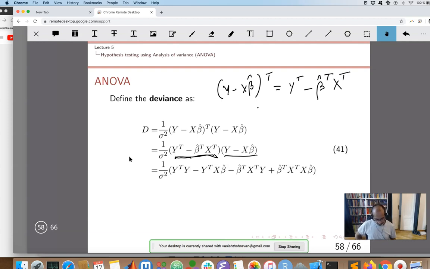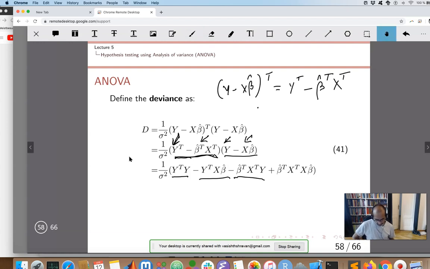So I've got y transpose multiplied with the first term y, which gives me y transpose y. Then I do y transpose multiplied with the second term, minus x beta hat, which gives me minus y transpose x beta hat. Similarly, I take the second term, minus beta hat transpose x transpose, multiplied with y, which gives me minus beta hat transpose x transpose y.